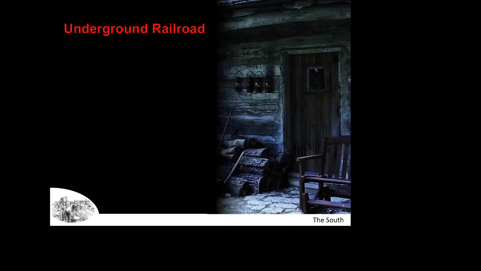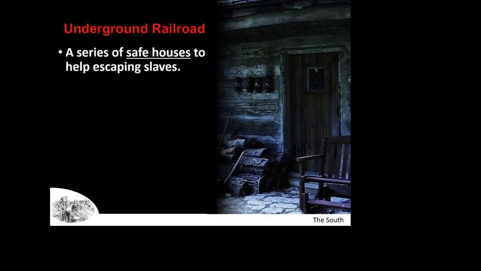Most of you have heard of the Underground Railroad. This was not an actual railroad. It was basically a series of safe houses starting in the South and going all the way up to Canada. Their goal was to help slaves escape to the North. They used secret symbols to indicate that a place was safe for the slaves to go to, because when you're running to the North, you don't necessarily have a map to go by.